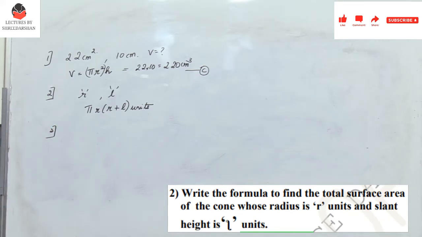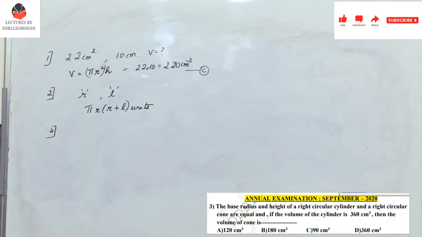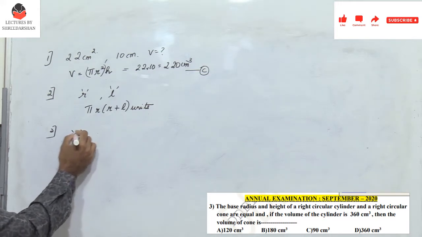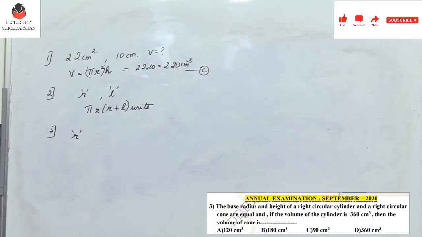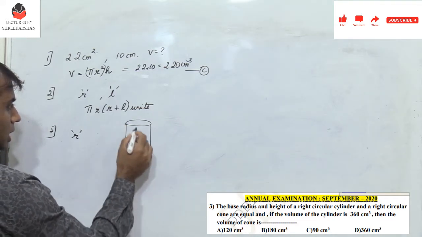The third one, this is from the 2020 exam. The base radius r and the height of a right circular cylinder and a right circular cone are equal. If V is the volume of the cylinder, which is 360 centimeter cube, find the volume of the cone. So we have a cylinder and there is a cone.